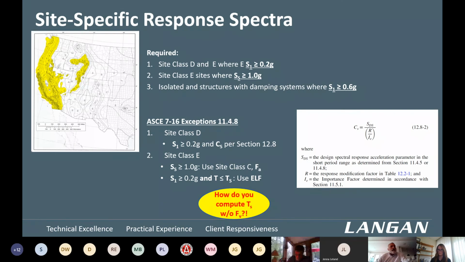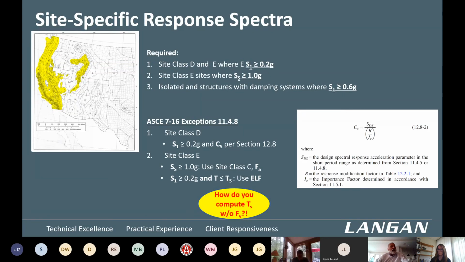Now, there are some exceptions that are in the provisions of ASCE 7 in Chapter 11, Section 4.8, that give you some exceptions that you can take and not do site specific, but there is a penalty.